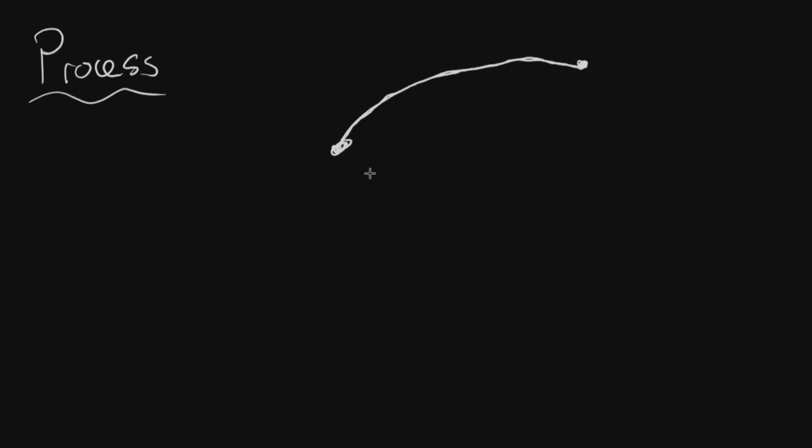If it's what's called quasi-equilibrium, which means that it's infinitesimally close to being in equilibrium as it goes across the process, then I can draw out what the entire process looks like. If that's not the case, then I just know the initial and the final states, so I use a dashed line to indicate that it's going from here to here, but we don't know how.